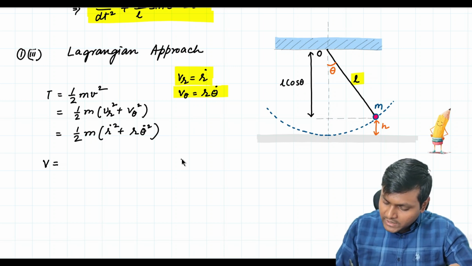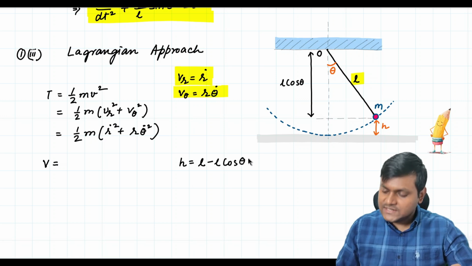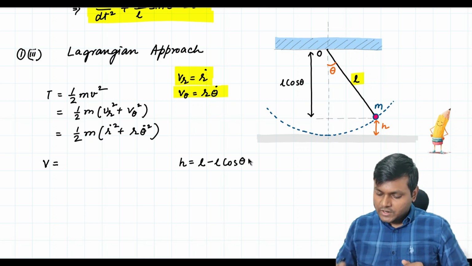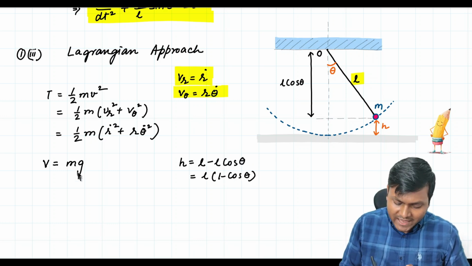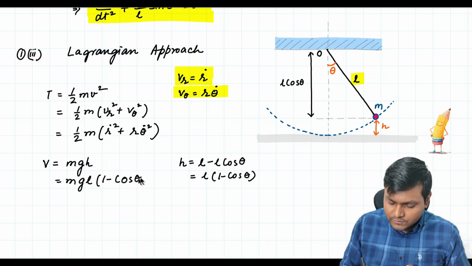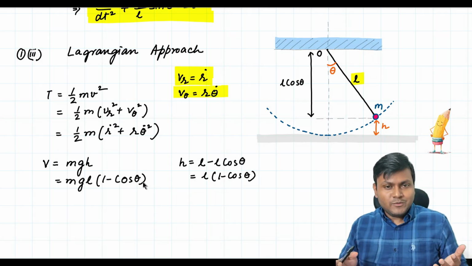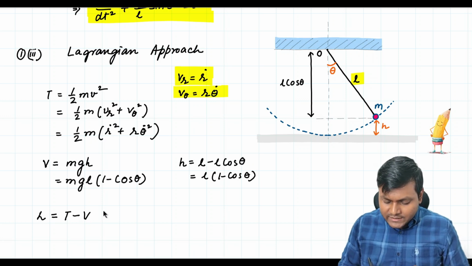So the height is nothing but L minus L cos theta, as it is obvious from the construction here. So the height is simply L(1 minus cos theta). Therefore, the potential energy is mgh, which is nothing but mgL(1 minus cos theta).